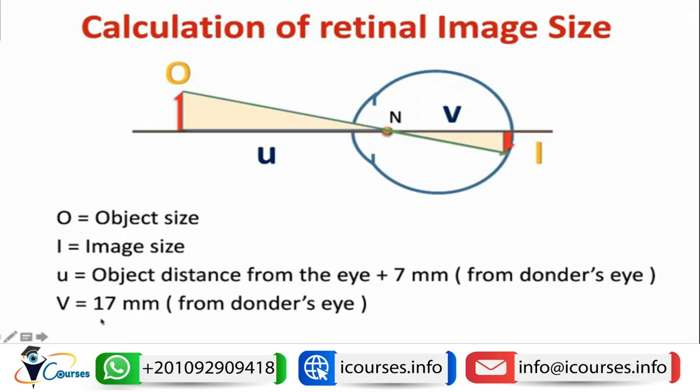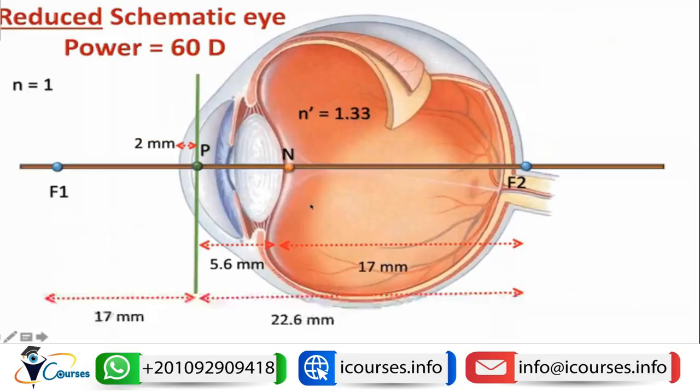This can also be obtained from Donders' reduced eye, which is equal to 17 millimeters. So the image distance is calculated from the nodal point to F2, which will be equal to 17 millimeters. The object distance U is determined by the distance of the object from the eye, plus 7 millimeters, which is the 2 millimeters from the anterior corneal surface to the principal point, and 5 millimeters, the distance between the principal point and the nodal point.